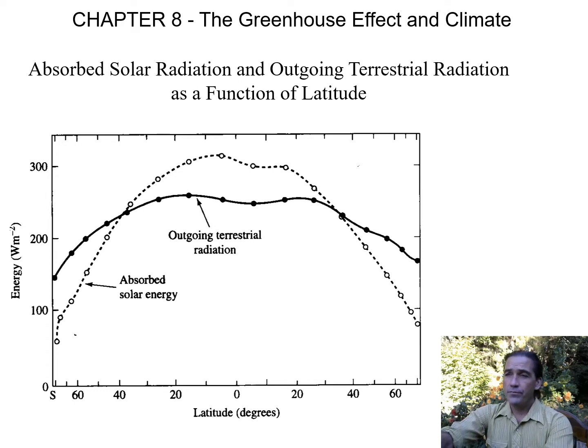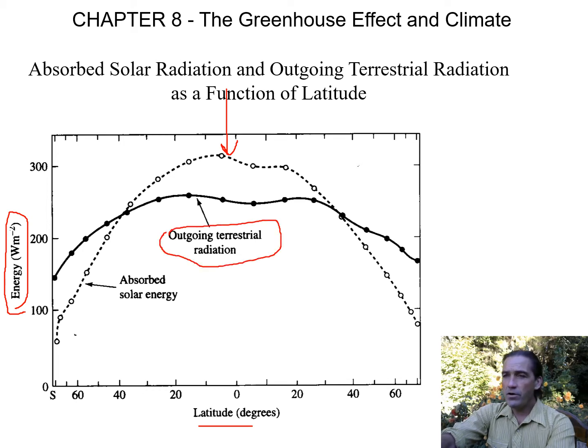And so let's start by just looking at the energy coming from the sun with respect to latitude. And so we do see that most of the energy is absorbed at the equator, but when we see in terms of outgoing radiation, so this is the radiation that is absorbed by the material on the surface of the Earth, but then radiates outward at different wavelengths, we see that it is distributed towards the poles.